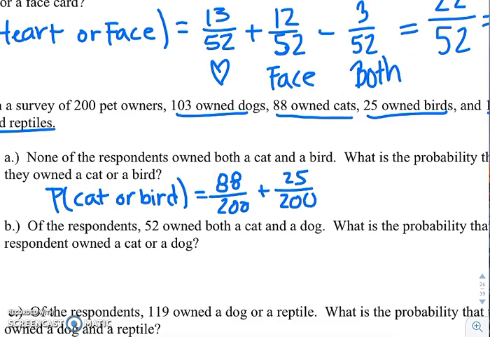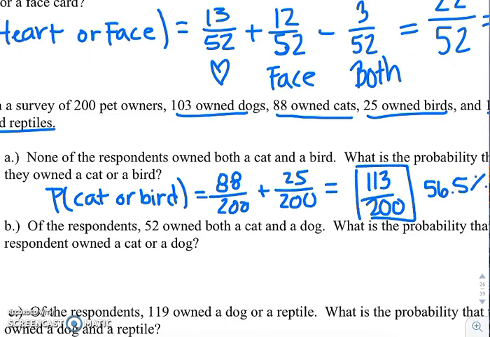There could be, but in this survey, there was no one that owned both. So there's nothing to subtract here in the overlap because no owners are going to own both at the same time. So 88 plus 25 gives you 113 out of 200, which would be 56.5%.